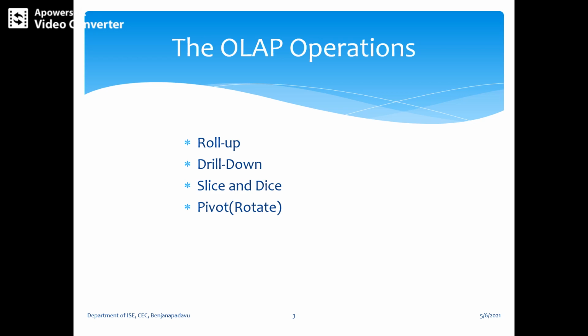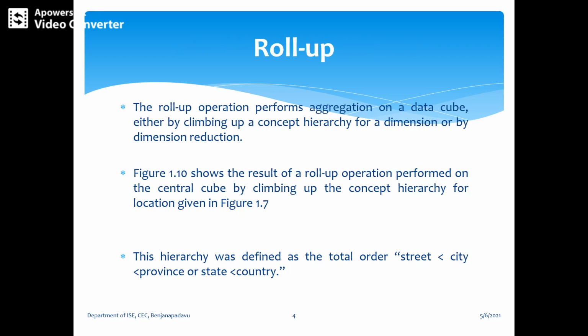Okay, now let's see the first one, roll-up. The roll-up operation, which some vendors also call the drill-up operation, performs aggregation on the data cube, either by climbing up a concept hierarchy for a dimension, or by dimension reduction.